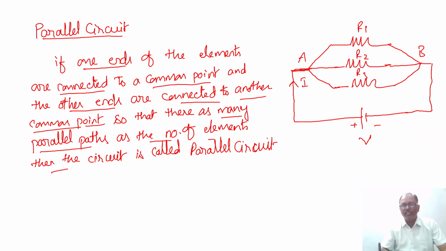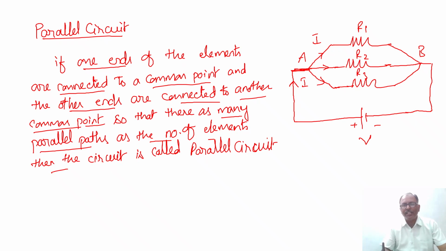Here we have taken three elements, and for this current I amperes to flow in the circuit, there are three paths. So from A, the current is divided into three paths and the number of elements is 3. So if the number of paths equals the number of elements, then this type of connection is called a parallel connection. So this is a parallel circuit.